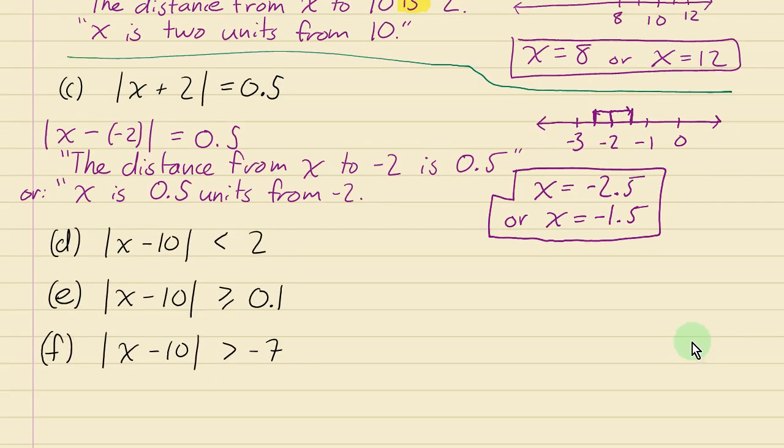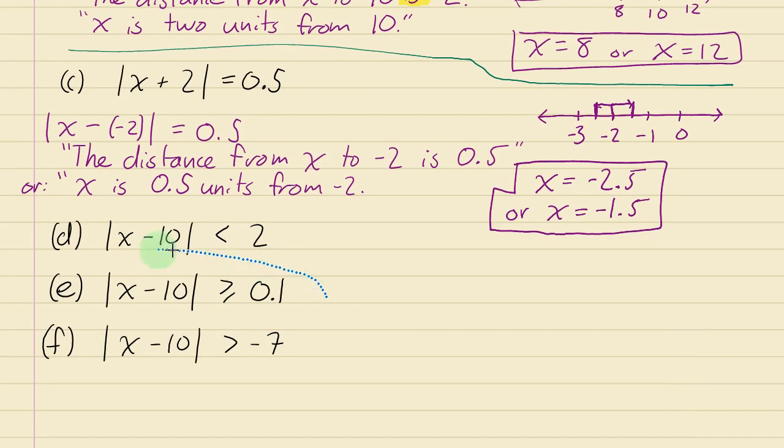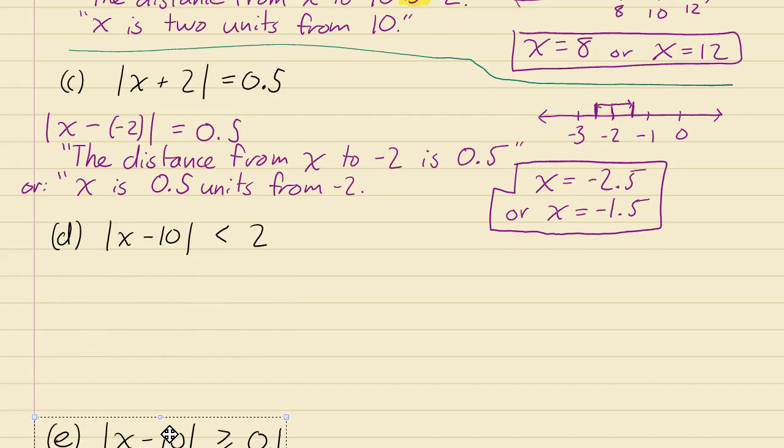Okay, now let's talk about inequalities here. So the same thing still applies. The absolute value of x minus a number still represents the distance from x to that number. So let's write this out, but instead of saying it is 2, this one means is less than 2.